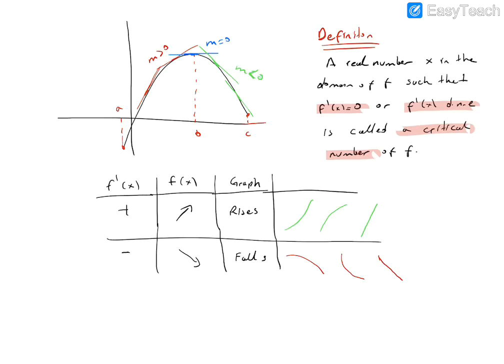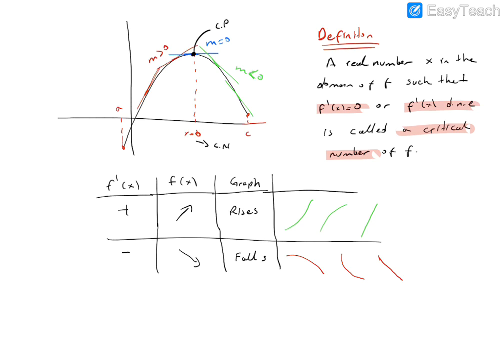Sometimes I say critical point, but the point should really be the number. According to this graph, x equals b is the critical number.